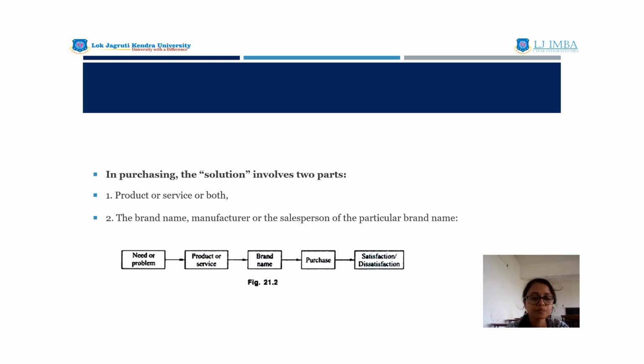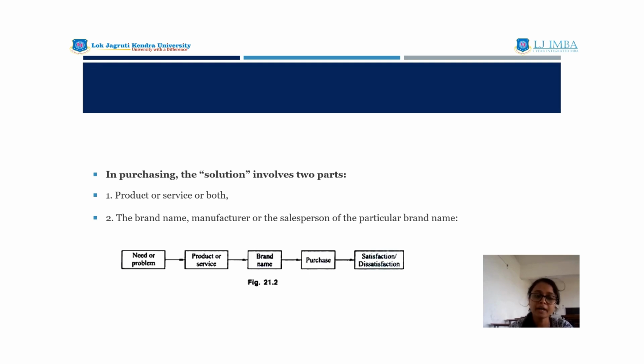So there is a need, there is a problem: I couldn't surf, I couldn't communicate. There are various alternatives. I could buy a cell phone, or a laptop for presentations, or a tablet. My most important need is communication.